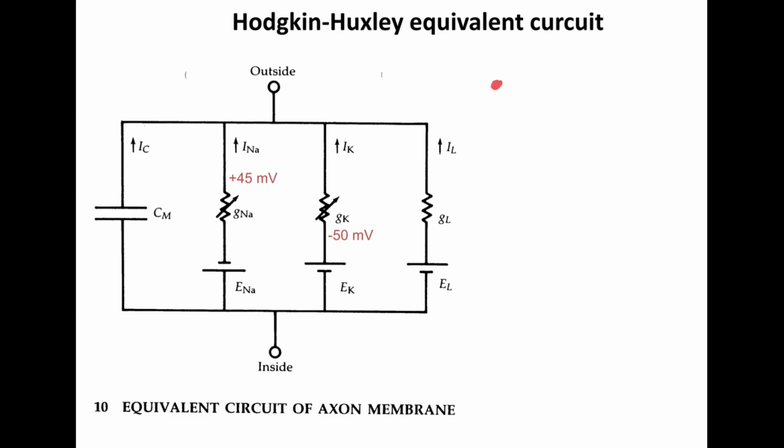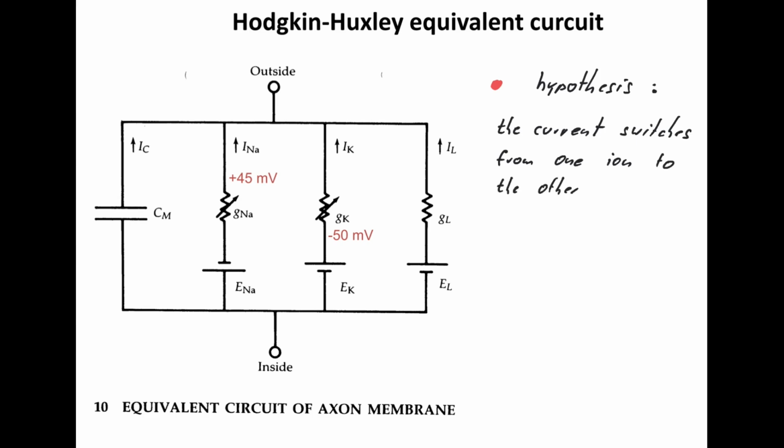The hypothesis is that the current switches from one ion to the other, and that the voltage-dependent conductances will change for the two ions. In the next clip we will look at the consequences of this switching conductance on the cable equation.